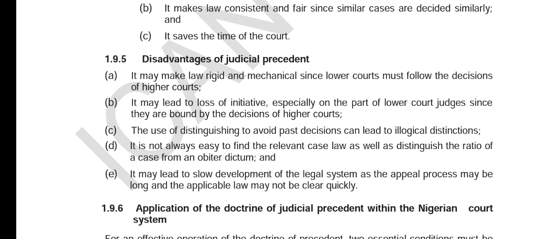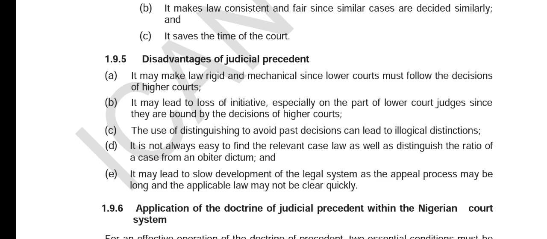We find out that it leads to lack of initiative, especially when a lower court has to follow what judges have said over time. He will not be able to bring up his own ideas in most cases. And then it makes law rigid. It makes it not flexible, as they will follow a particular template or decision most of the time.